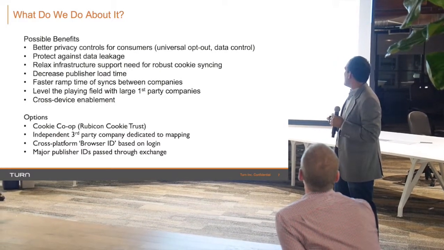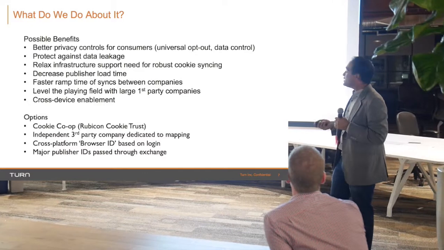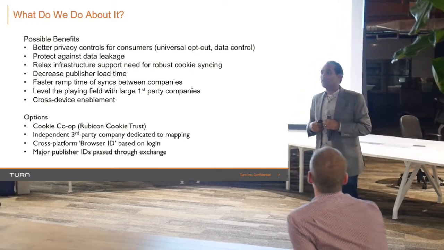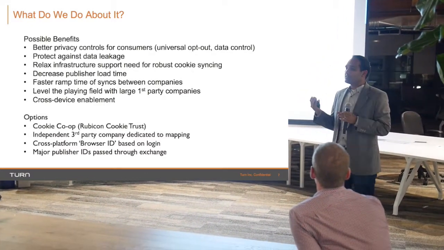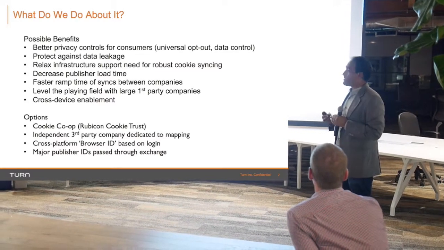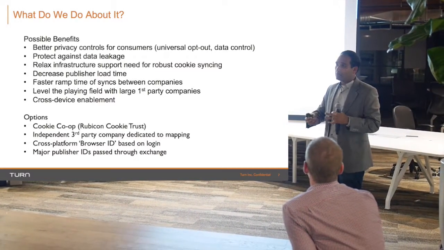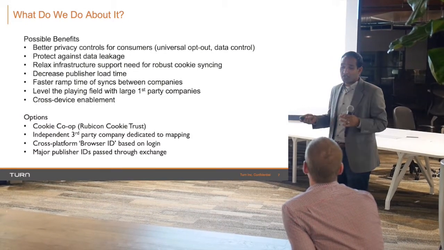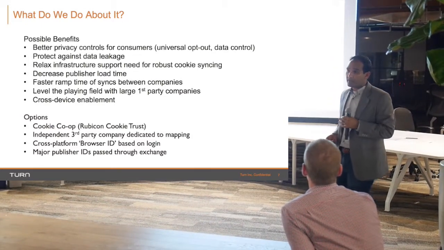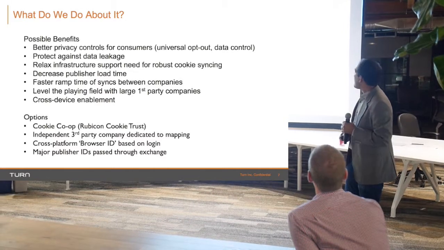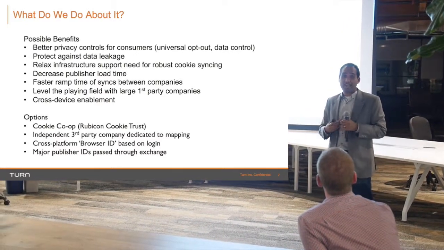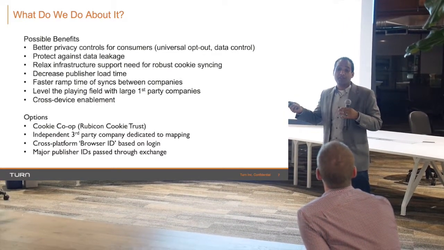What are our options? Rubicon has a cookie trust, and it's like a co-op. Turn plays a part in this, and I can talk to you about it a little later on, but it's their effort to try to have everybody work together to create one identifier. The problem is, it's a chicken and egg problem. You need to get a lot of people participating. You could have an independent third-party company that's just dedicated to mapping.